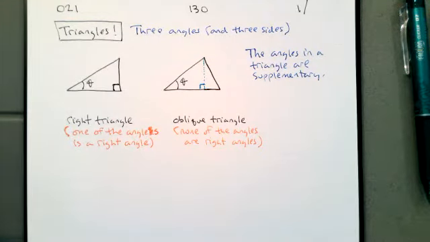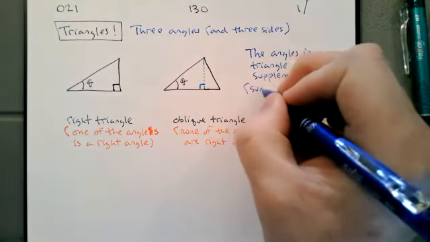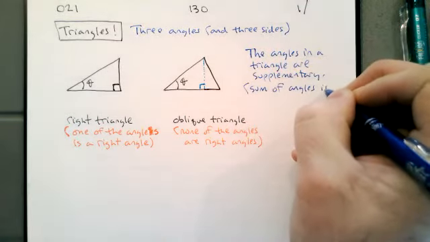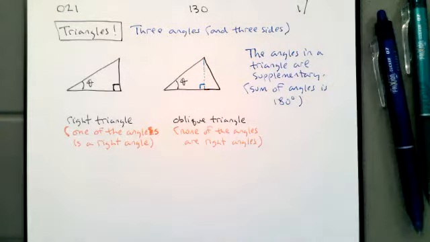That means the angles in a triangle always add up to 180 degrees. So the sum of the angles is 180 degrees, no matter what the triangle is.